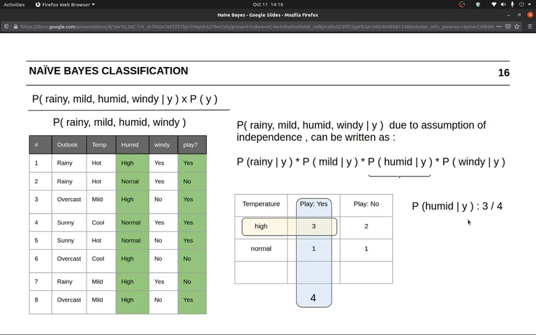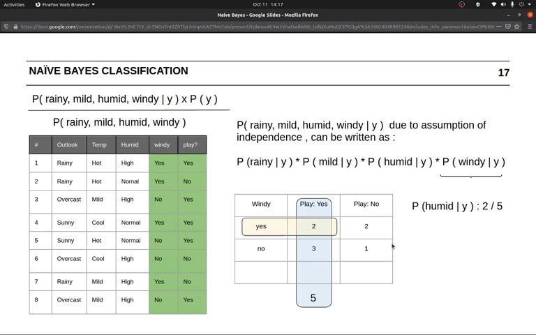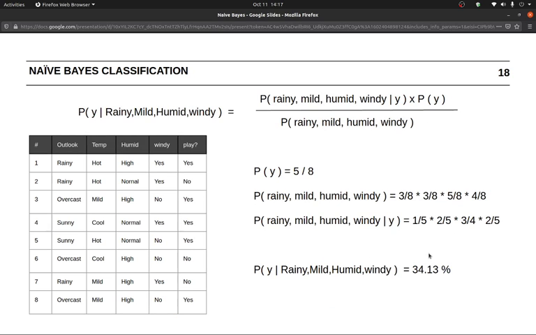In the same way, we calculate the probability of it being humid, high humidity, given that we play, which becomes 3 over 4, and then the probability of the day being windy given that we play. This becomes 2 over 5. If we multiply all these terms together, we arrive at the probability of it being rainy, mild, humid and windy given that we play.